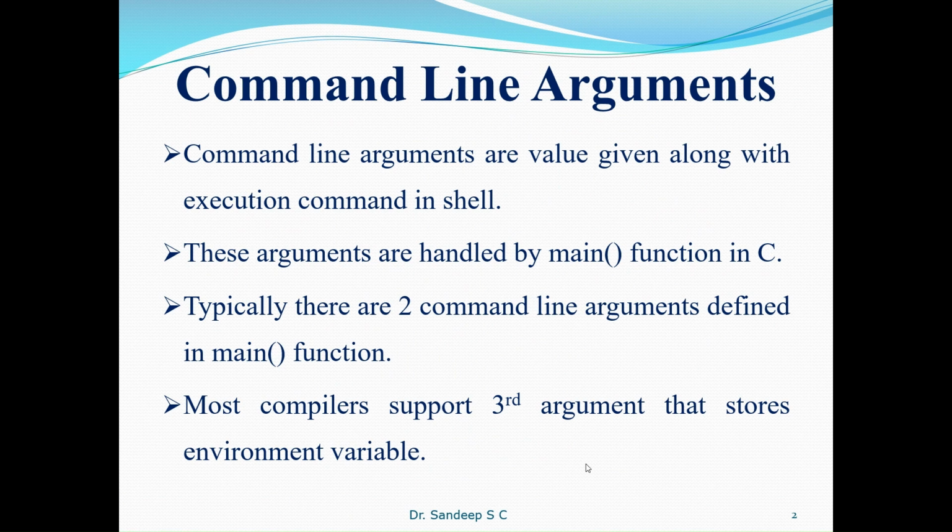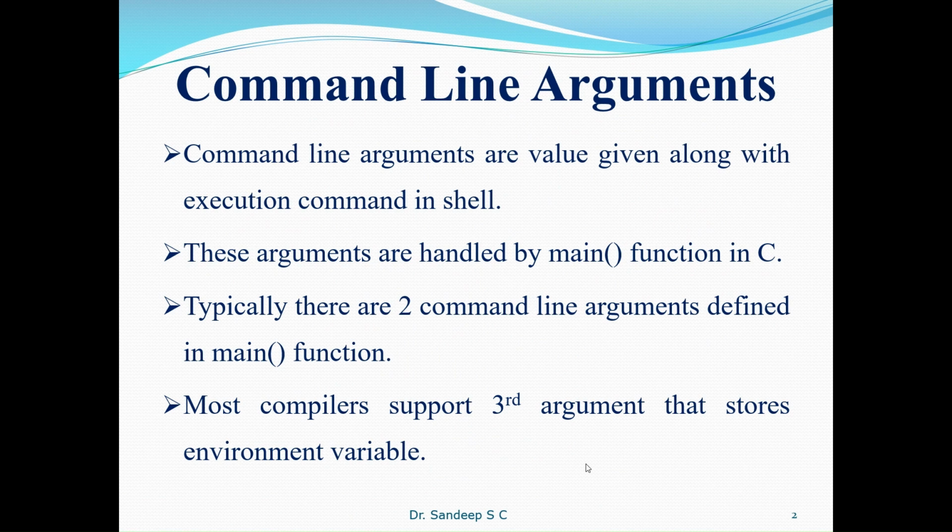These arguments are handled by the main function. We know that in any C source code, it is mandatory to have a main function in the source code program. So that main function will handle these arguments. Typically, we have two command line arguments defined in the main function.